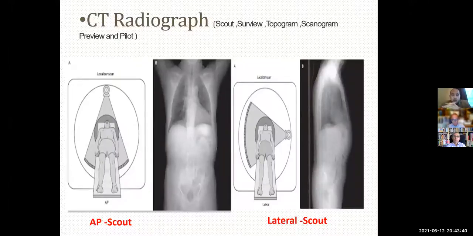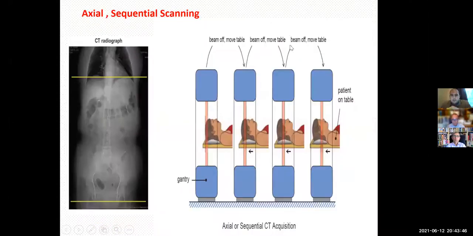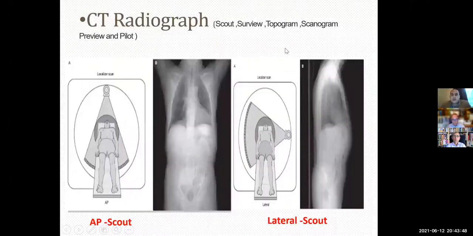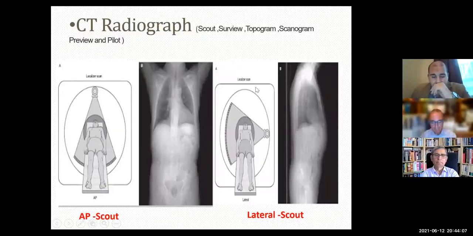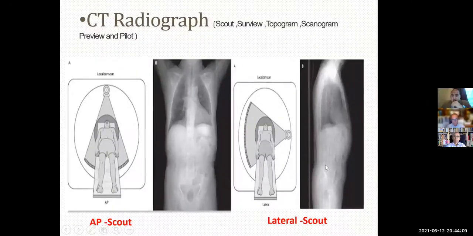In any CT machine you will find different modes of acquisition. You will find CT scout or CT radiograph. You will find it called SERView, pilot, topogram, scanogram or preview, different names for the CT radiograph. First of all, if you want to scan any patient, you have to do this image. You have to do this AP image and lateral image, as you see here. This is the anterior posterior image and this is the lateral image.